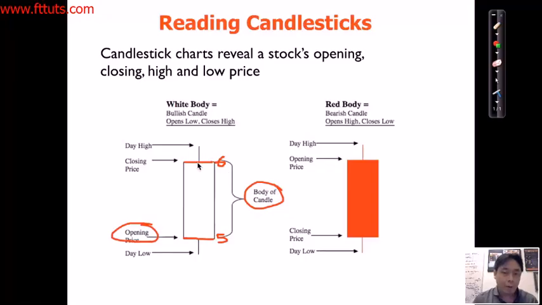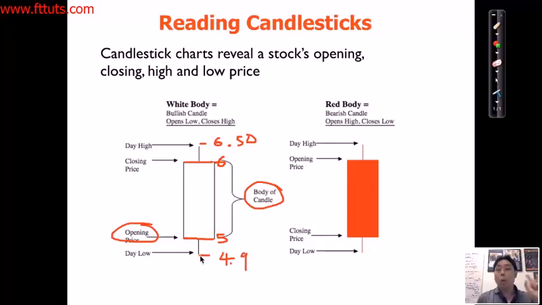But during the day, the price may have gone to a certain high of, say, $6.50. So that is the day high. And it's represented by an upper shadow or an upper tail, if you will. Okay? And the price went as low as, for example, $4.90.